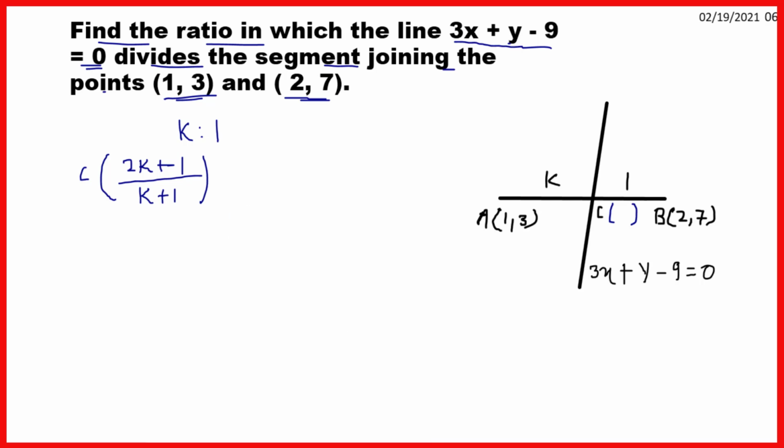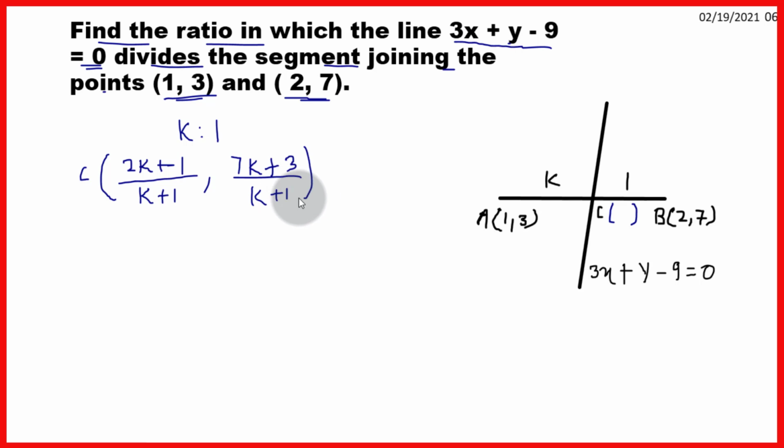We have to find the second coordinate, the y coordinate also. The y coordinate will be (m1 y2 + m2 y1) / (m1 + m2), so m1 y2 is 7k, plus m2 y1, that is 1 into 3, which is 3, upon m1 + m2, that is k + 1.